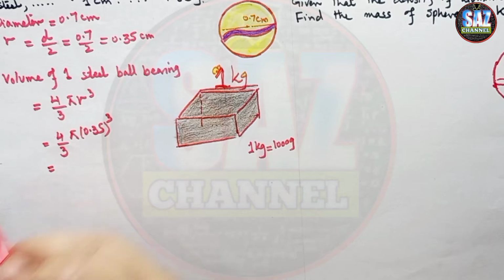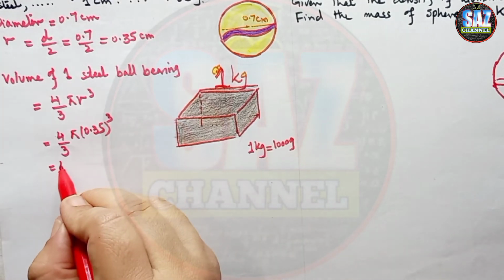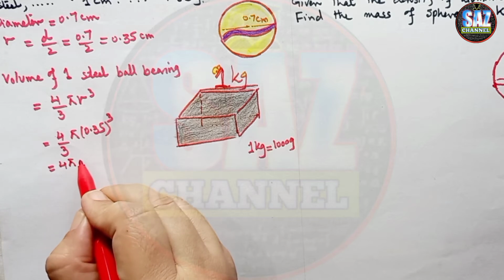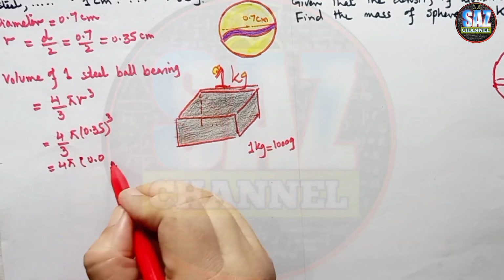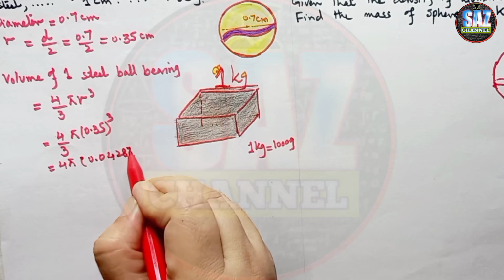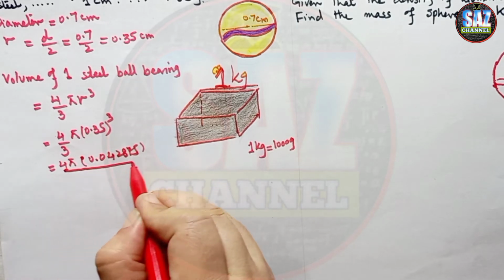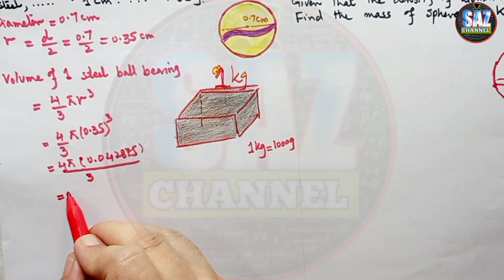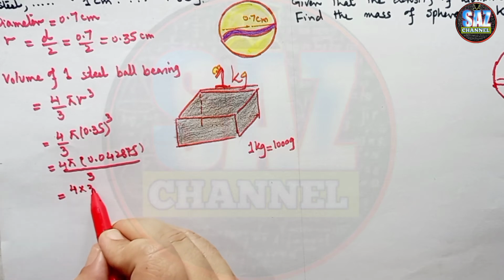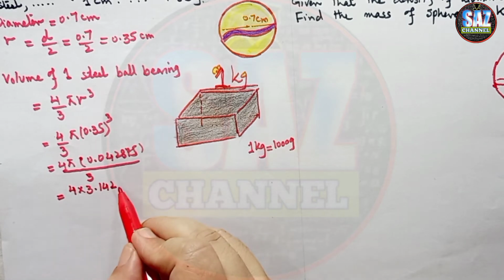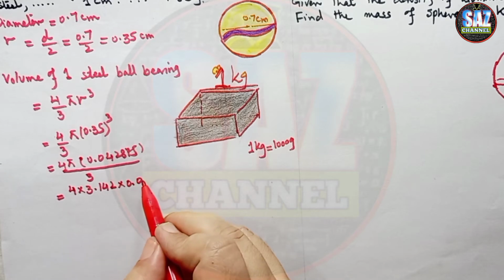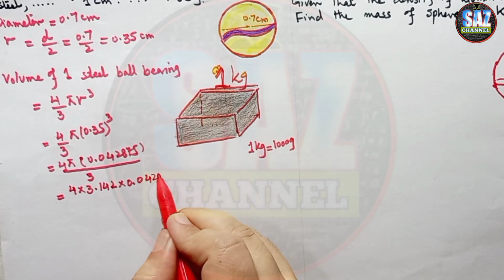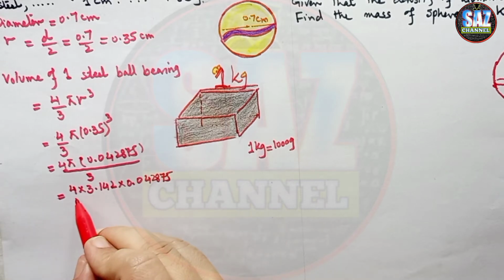Now take the cube of 0.35, and this gives me 4 multiplied by pi, and 0.042875 upon 3. And now pi has the value 3.142, so 4 multiplied by 3.142 multiplied by 0.042875 divided by 3.